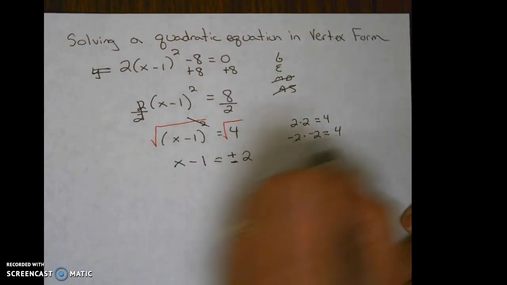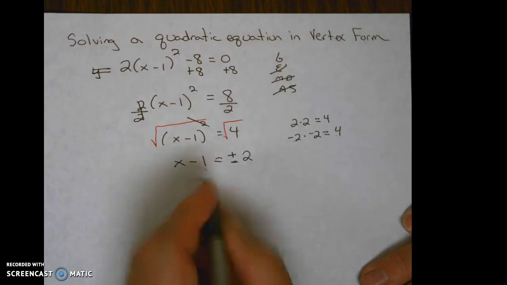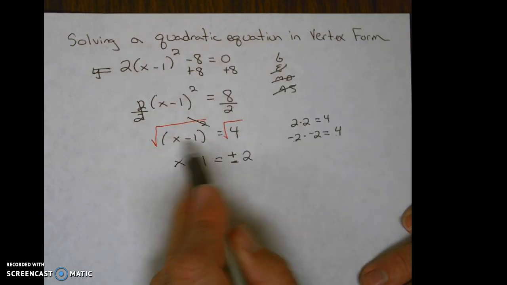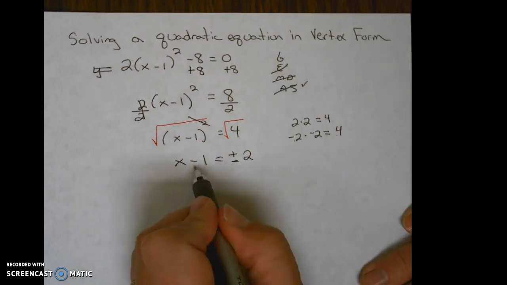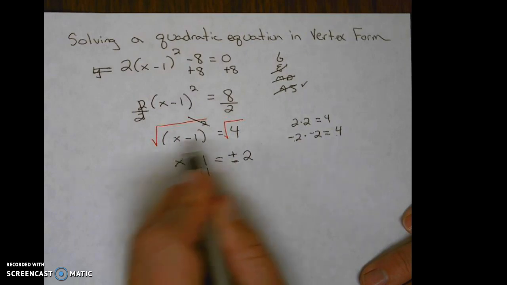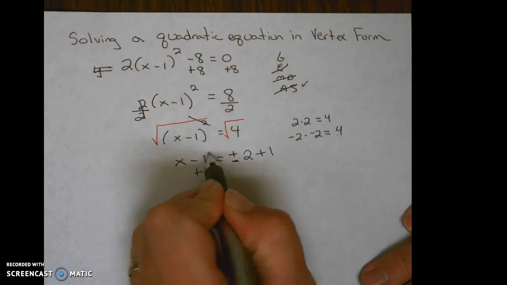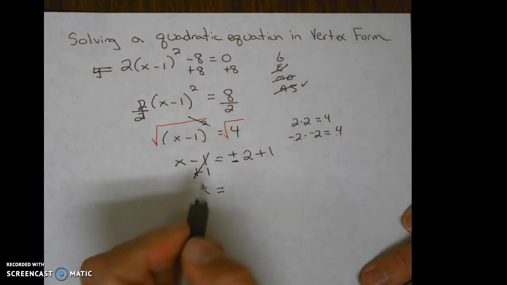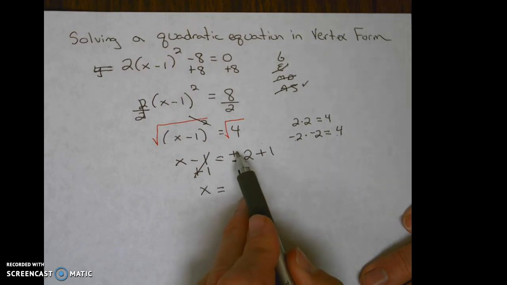So finally, we're now inside the grouping symbol, which is the x minus 1. And once you get inside the grouping symbol, we start all over again, undoing adding and subtracting. It's like entering the inside world. Adding 1 on both sides, we get x equals. Now, to get our 2 solutions, just like using the quadratic formula, we use one operation at a time.